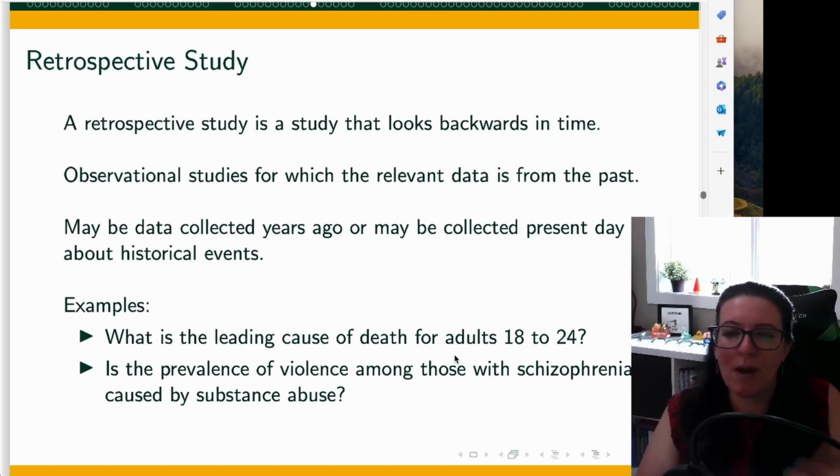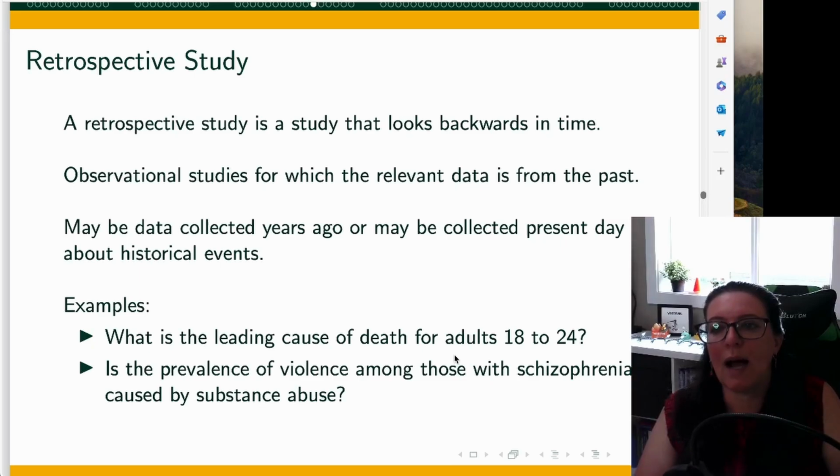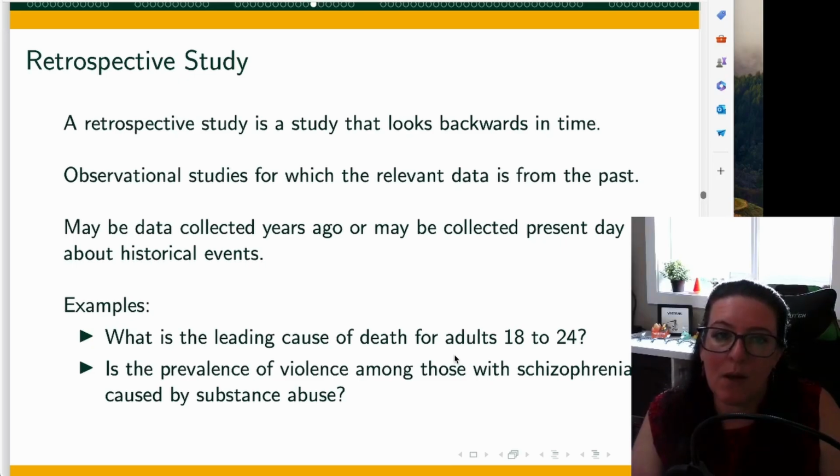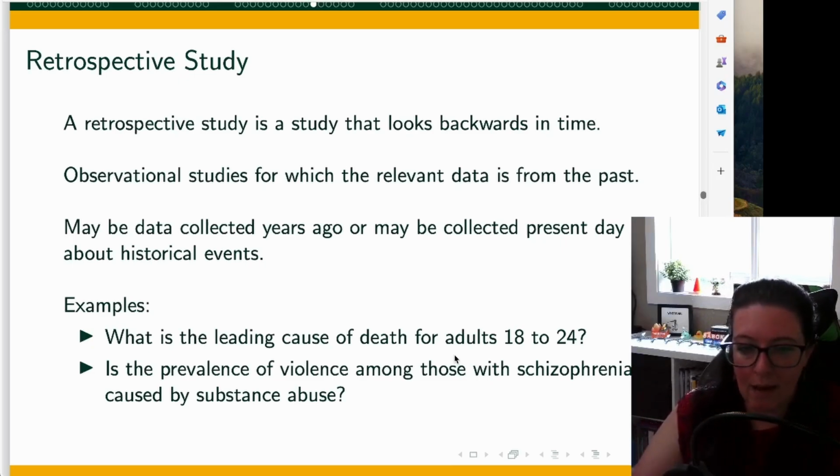We can look at, is the prevalence of violence among those with schizophrenia caused by substance abuse? Here we're often looking through medical records to look at both medical diagnosis as well as family history, and all this would be data collected from, say, medical research projects.